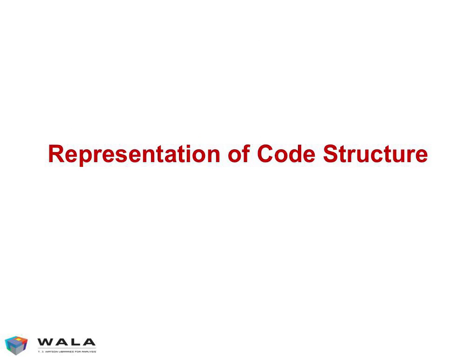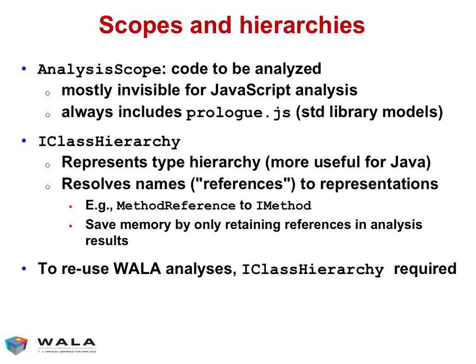So now that I've gotten some sort of basic terminology out of the way, I'm going to dig a little bit more into how JavaScript code is represented in Walla. And let me start by describing a couple of the key data structures here. So there's an analysis scope, which represents what code should be analyzed. And mostly this is pretty invisible when you're doing JavaScript analysis.